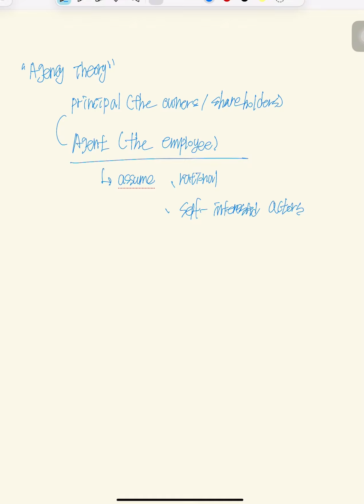However, we have seen that agency theory has a dangerous dark side.